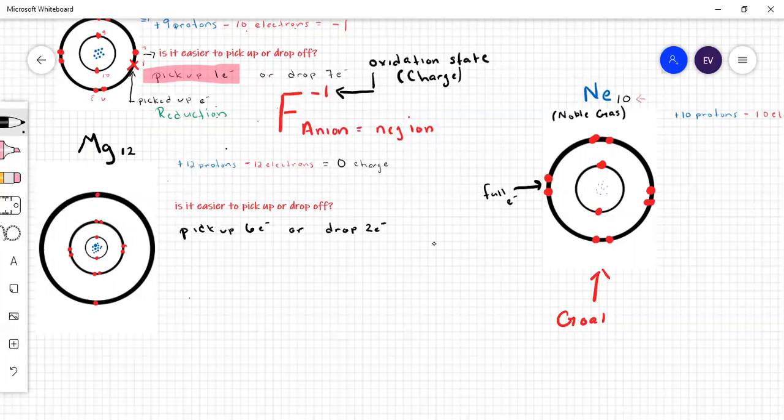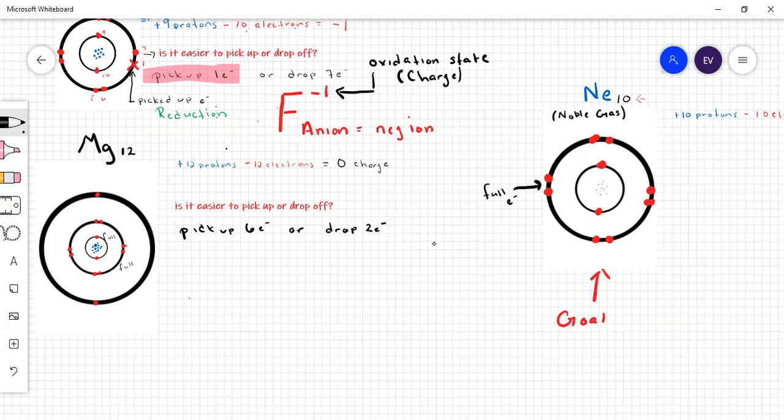magnesium has two shells on the inside that are already full. This guy's full, this guy's full, right? So having a full shell is good whether you do it on the outer shell or on the inner shell. It just depends on which one's going to be easier for you in terms of energy.